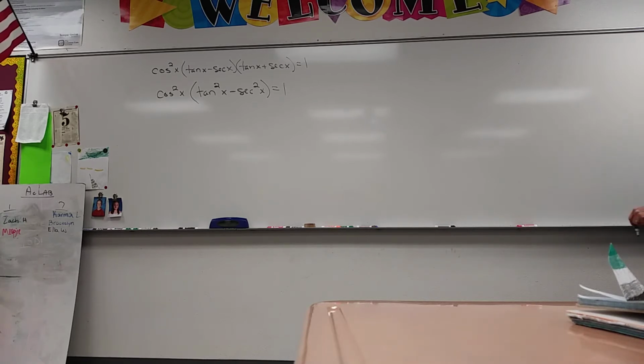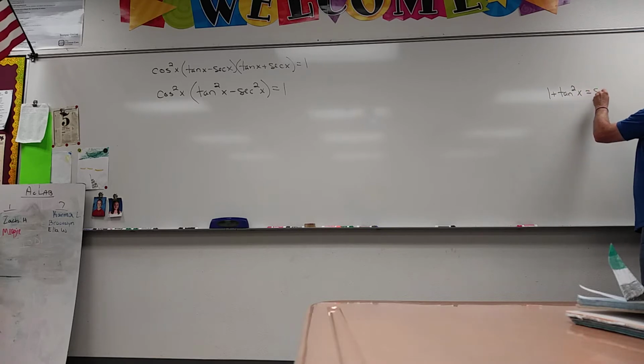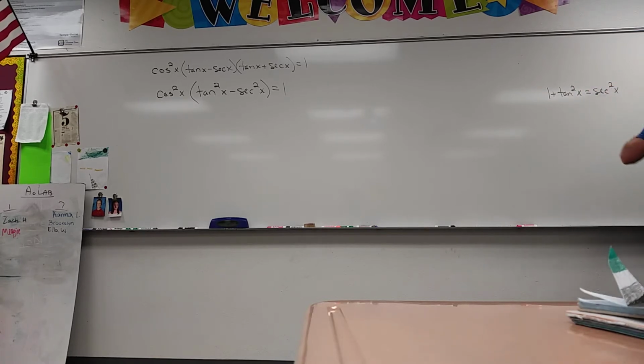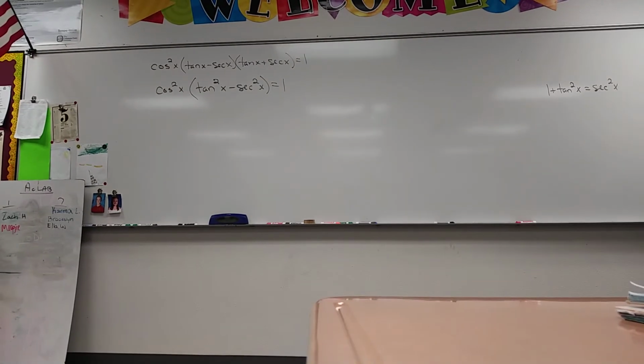You think that might be an identity in the parentheses? So 1 plus tangent squared of x equals secant squared of x. So tangent squared of x minus secant squared of x equals -1. Would you agree with that?